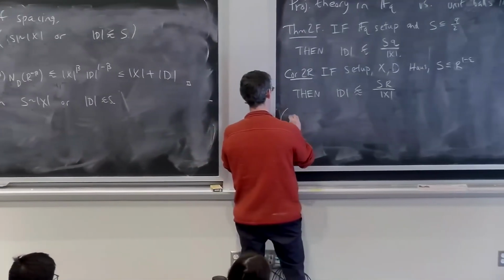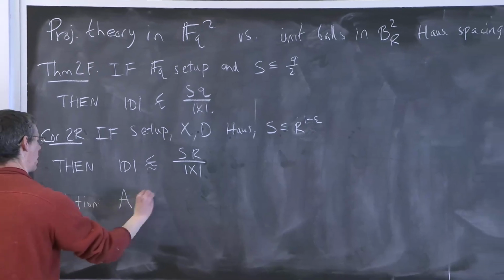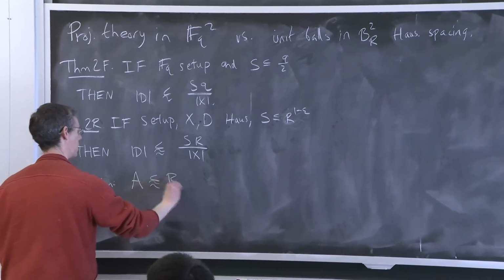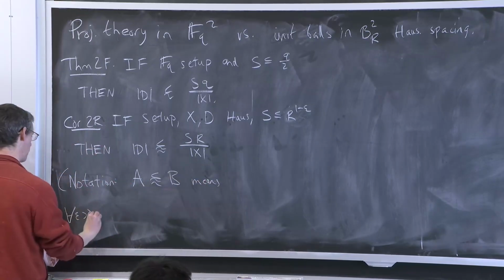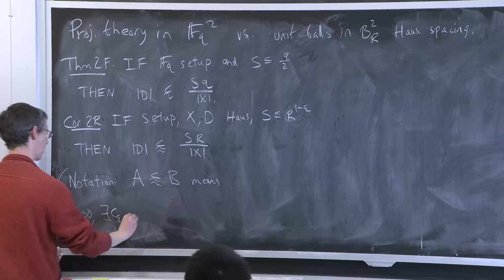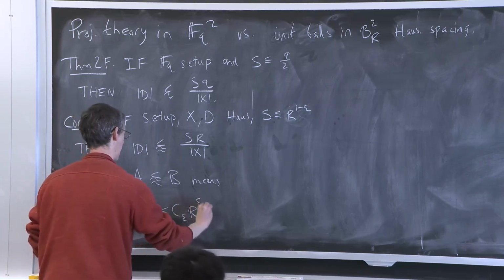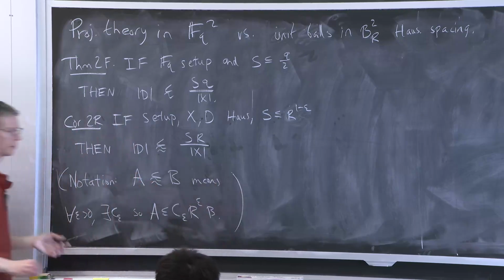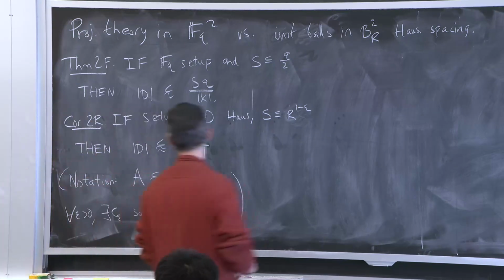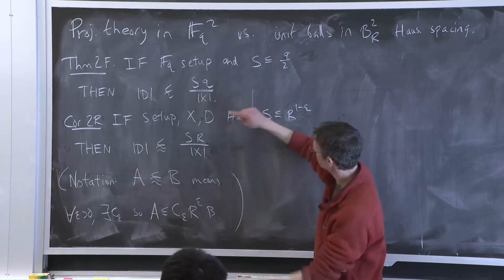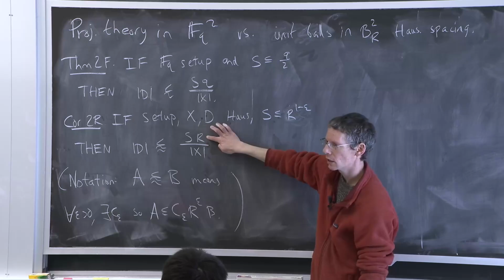Notation: A less-than-tilde B means for every epsilon bigger than 0, there exists C epsilon such that A is less than or equal to C epsilon R to the epsilon B. If you compare these, Q corresponds to R. That makes sense.